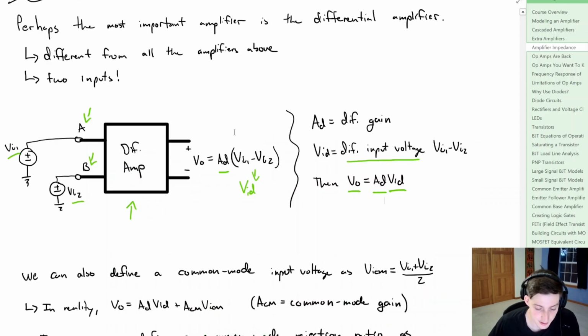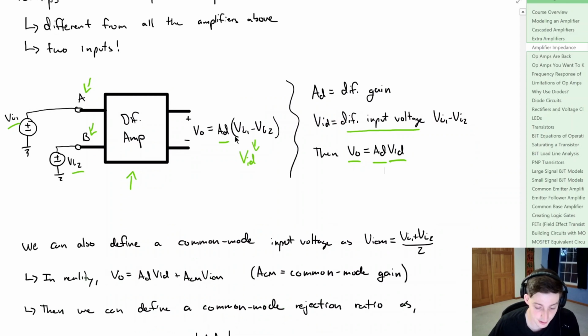Now inside these differential amplifiers, there's also something called the common mode input voltage gain. And we can also define a common mode input voltage, V subscript ICM, being equal to VI1 plus VI2 divided by 2. And in reality, the output voltage is the sum of the differential gain multiplied by the differential input voltage plus the common mode gain multiplied by the common mode input voltage.